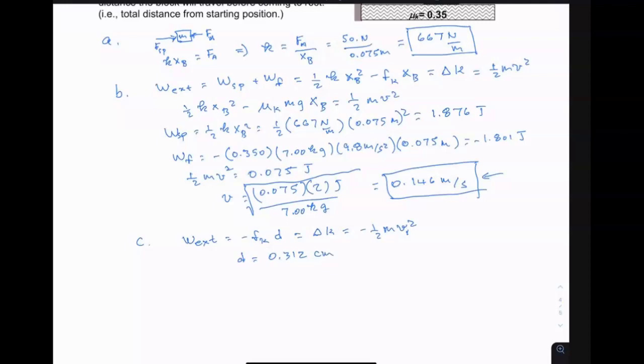So if you want the total distance, you have to add that d plus the starting point distance, which is 0.075 meters. And when you do, you get a total distance of 7.81 centimeters.